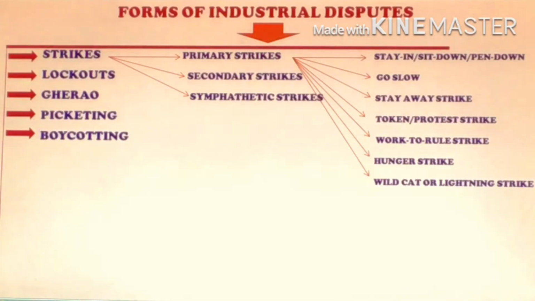And types of primary strikes are stay in or sit down or pen down strike, go slow strike, stay away strike, token or protest strike, work to rule strike, hunger strike and wildcat or lightning strike.